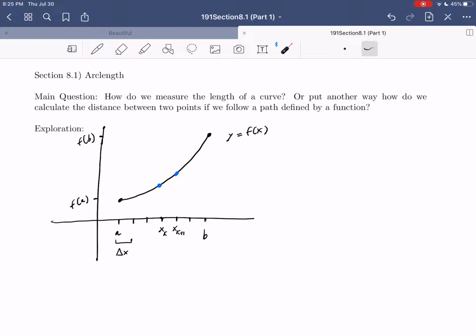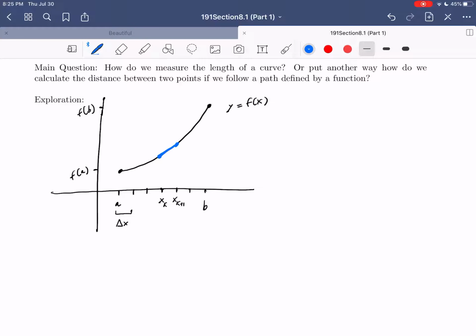But of course here, we're interested in measuring the distance. Now, like we said, we don't have any fancy formula, at least not yet, for the distance along an arbitrary function, but we do have a formula for straight line distance. So let's imagine that we're putting a straight line component there. Let's see if we can at least first figure out what that straight line component is.